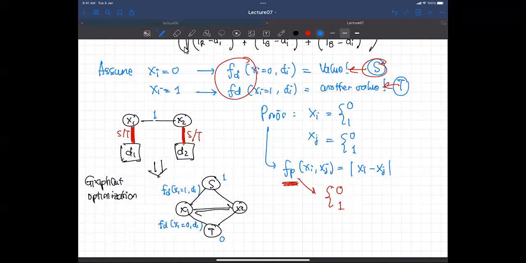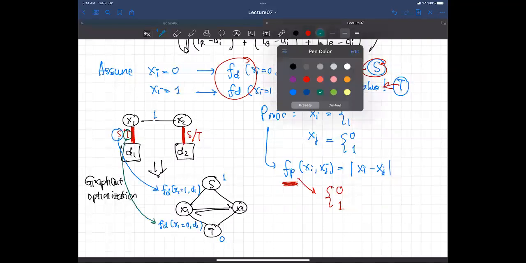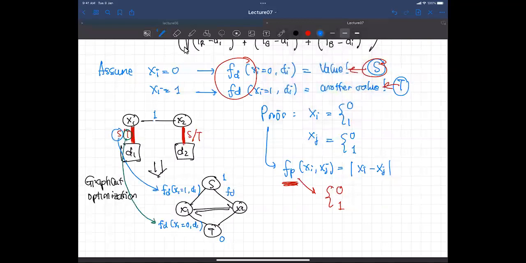So s becomes here, and the value of t becomes there. We do the same for the other side. So the other side here we have ft(x2) equal to 1, d2, and ft(x2) equal to 0, d2.